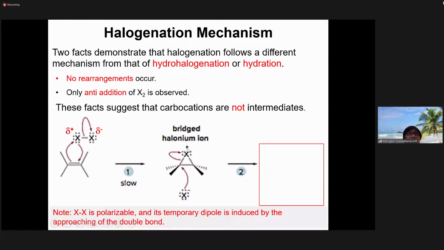Okay, the rearrangement is usually observed when you have a free carbocation, but if you don't have free carbocation, you don't have a rearrangement. Okay, and the product is anti because the second halide has to add from the opposite side of the first halide, which already formed the ring on the carbon structure.